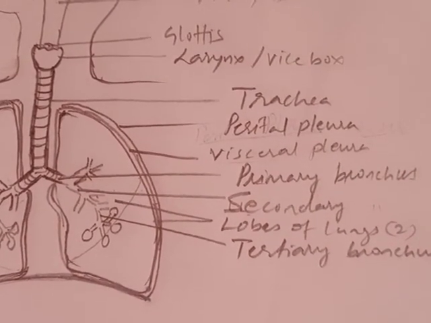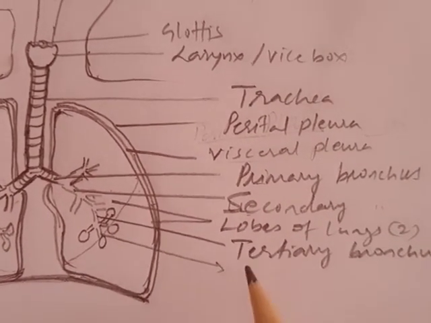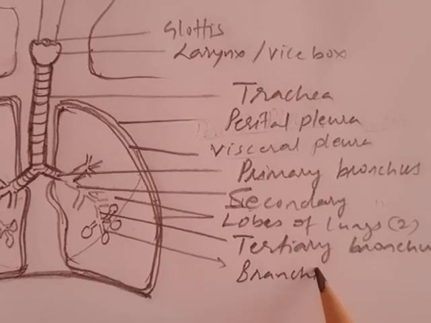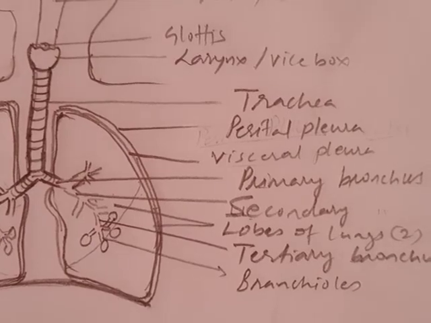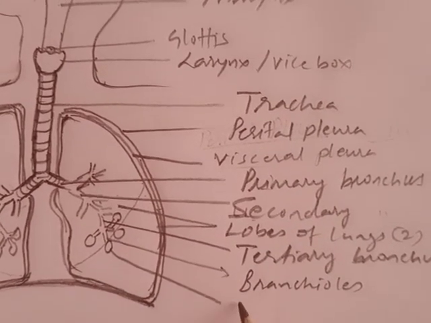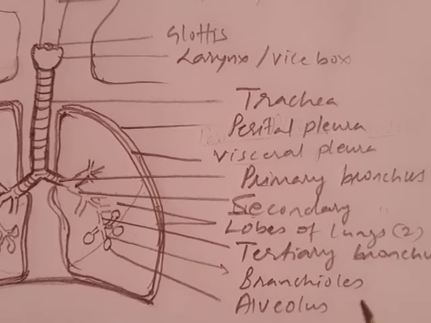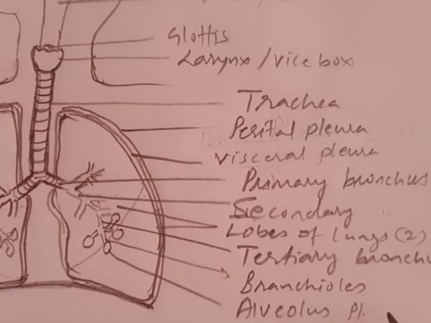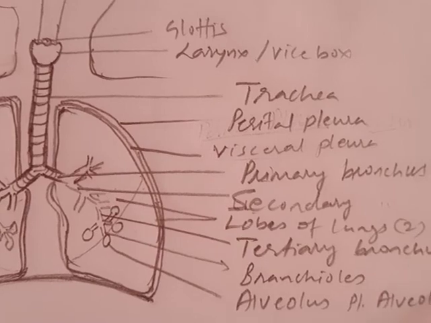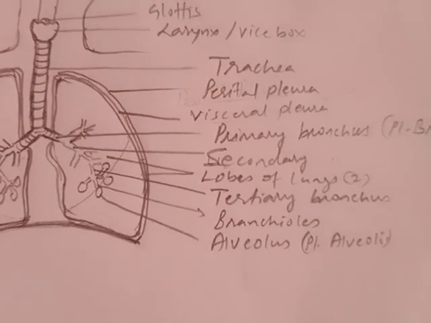At the end, the tubular structures are called bronchioles. Bronchioles open into a sac-like structure called the alveolus. The plural term is alveoli, right? So you can remember it as alveoli.